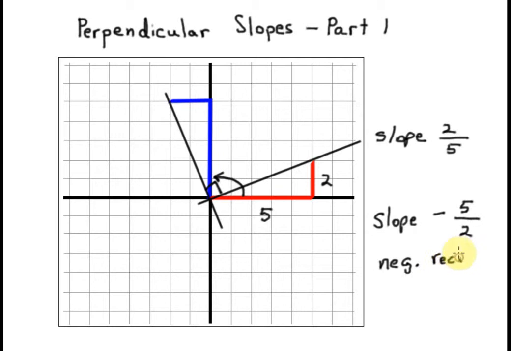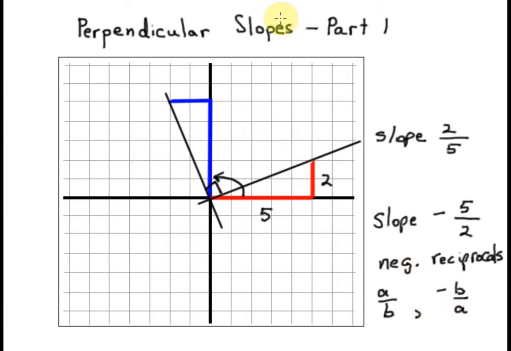And what that means is, if you had a slope of A over B, then a line that is perpendicular to it would be negative B over A. So that's what we mean by negative reciprocal slopes.